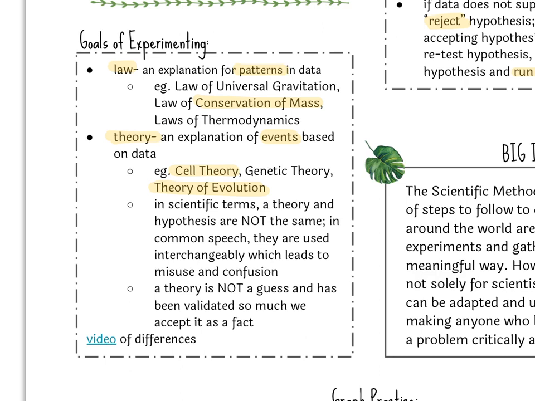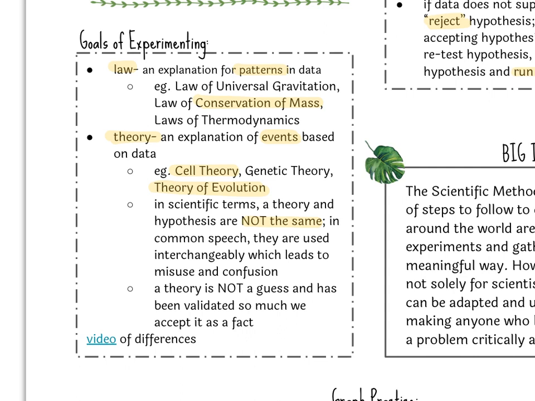So, in scientific terms, a theory and a hypothesis are not the same thing. They are not the same. Put "not" in all caps. In common speech, they are used interchangeably, which leads to misuse and confusion. But in science, a theory and a hypothesis are not the same.